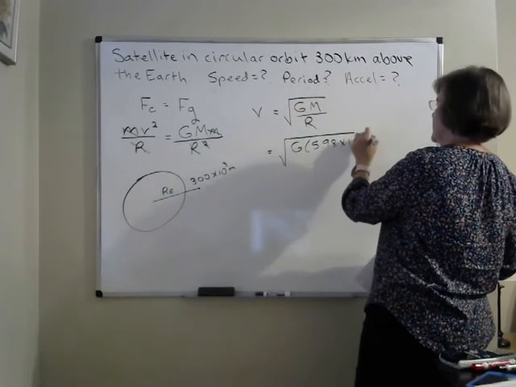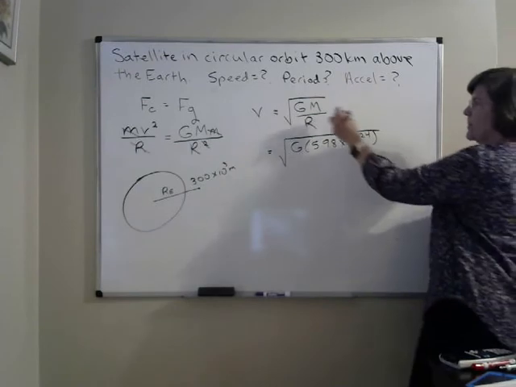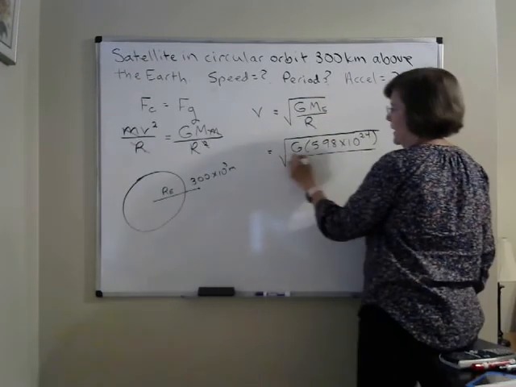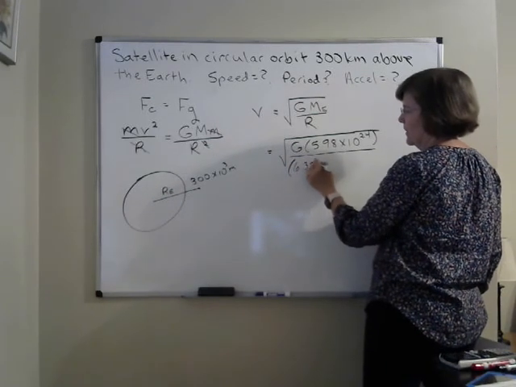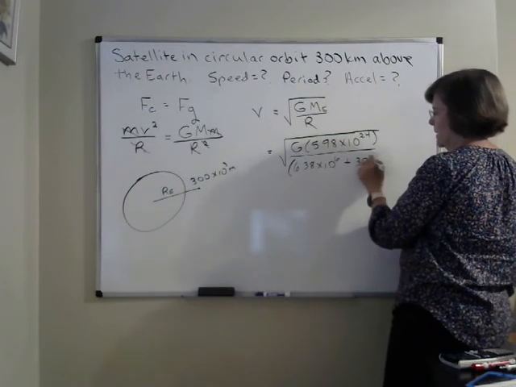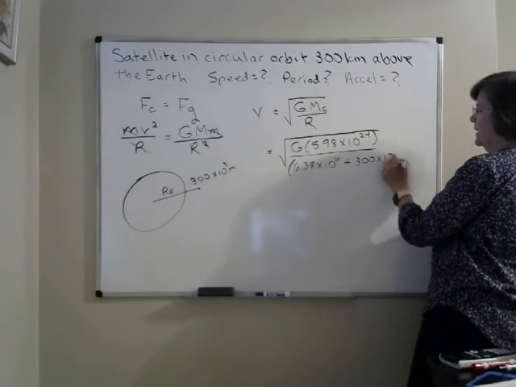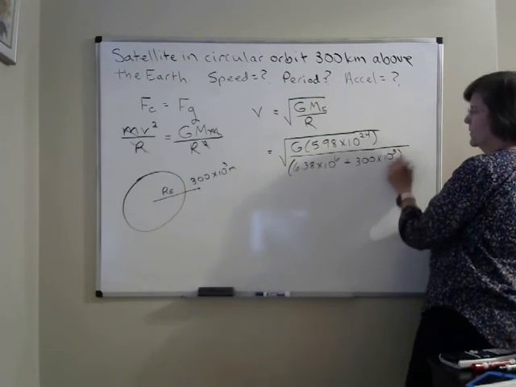I've used it so many times today. 5.98 times 10 to the 24th, that's the mass of the Earth, because we're going around the Earth. And this distance is the radius of the Earth plus 300,000 meters, or 300 kilometers above the surface of the Earth.